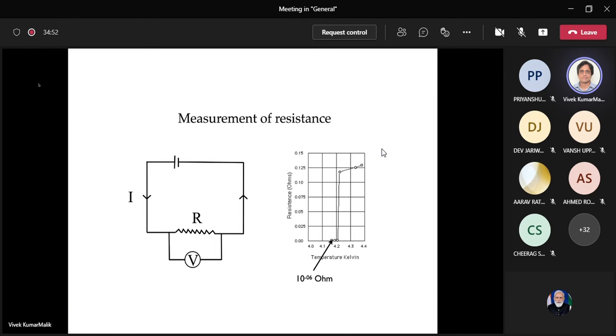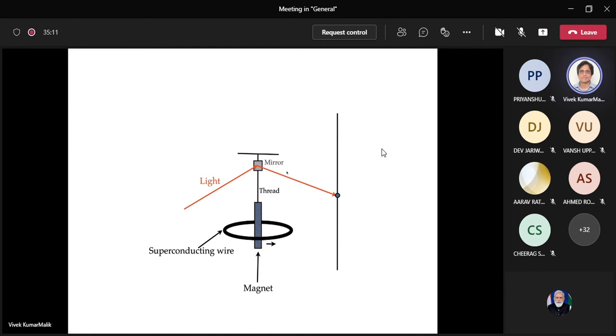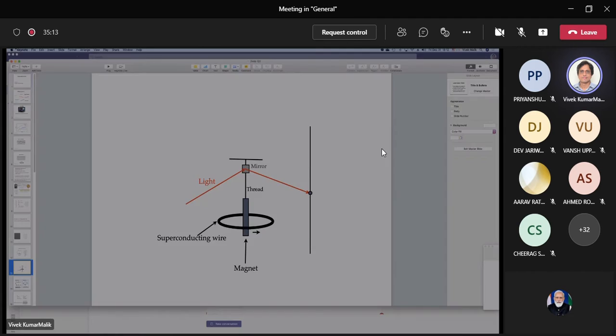If it has 0 resistance, the voltage across it would also be 0, and you cannot measure 0. Your measurement device has a certain sensitivity, or least count, below which you cannot measure. Just a second, I need to take this call.